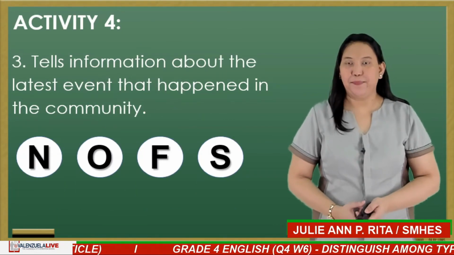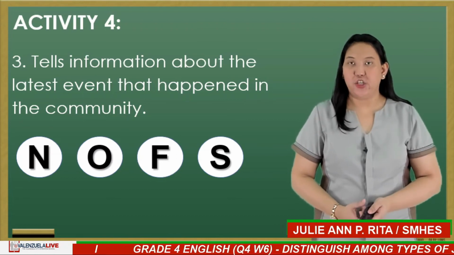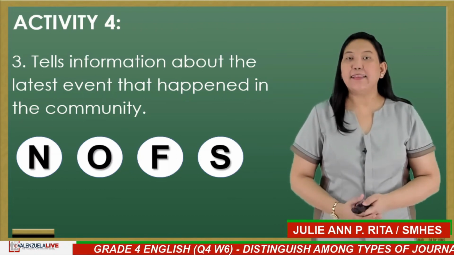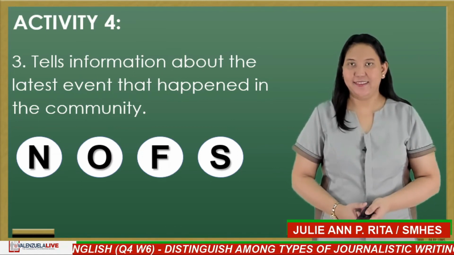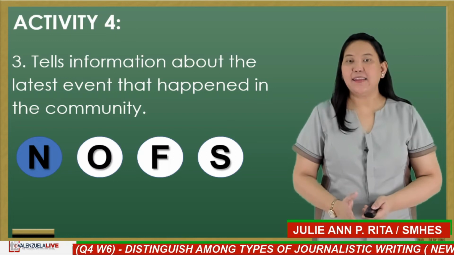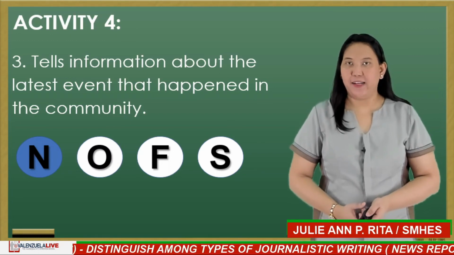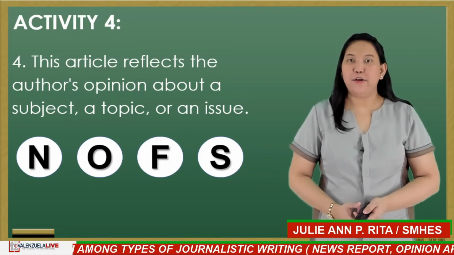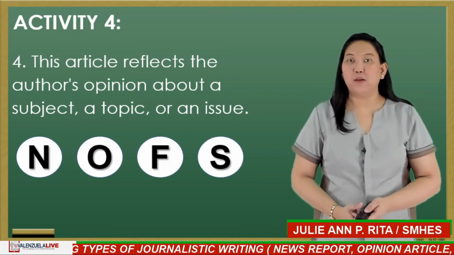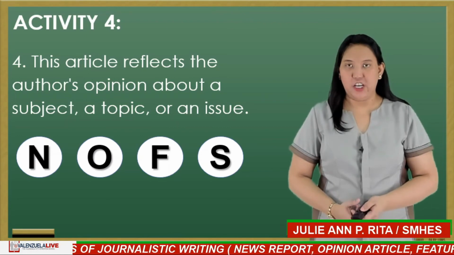For number 3, tells information about the latest event that happened in the community. You are right. N for news report. Number 4, this article reflects the author's opinion about a subject, a topic, or an issue.